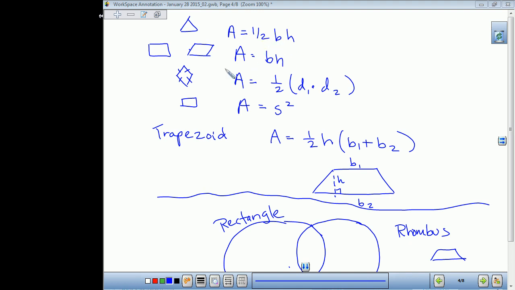Triangle is half base times height. Rectangle or parallelogram is base times height. Rhombus is 1/2 the product of the diagonals, and that comes from the fact that it's divided into triangles. Trapezoid we haven't done one, but this is a formula you should be familiar with. Half the height times the sum of the bases.